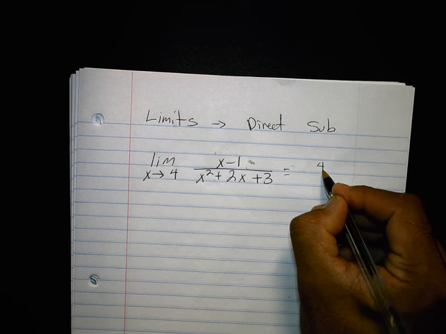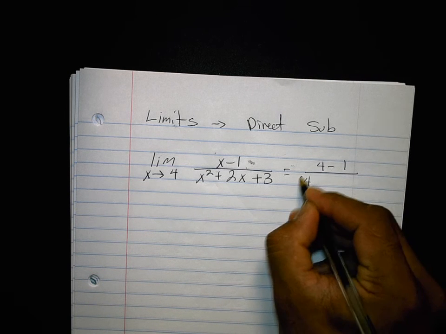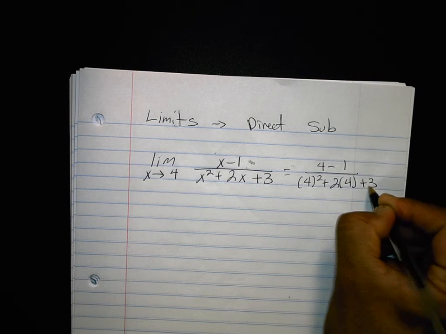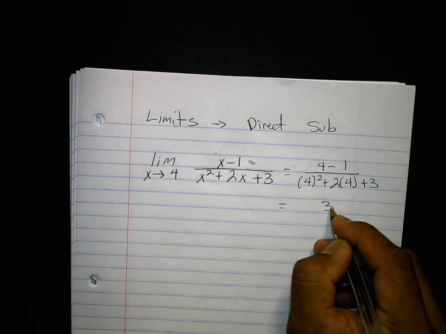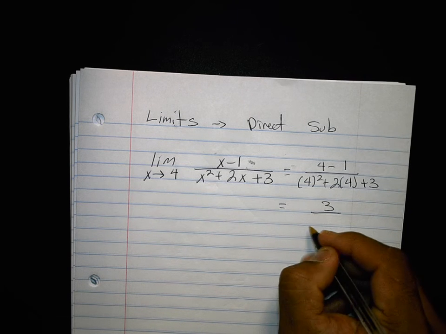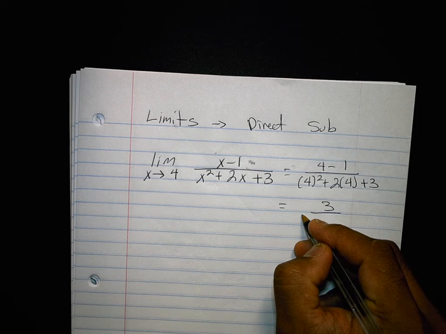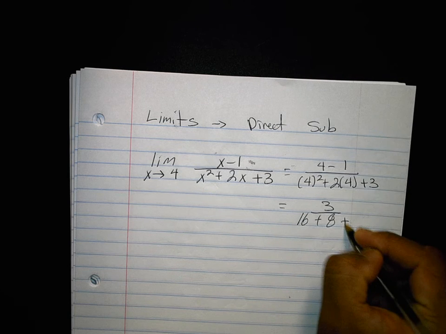So if I get this, I get 4 minus 1 all over 4 squared plus 2 times 4 plus 3. And if I do this, I get 3 over 16 plus 8 plus 3.